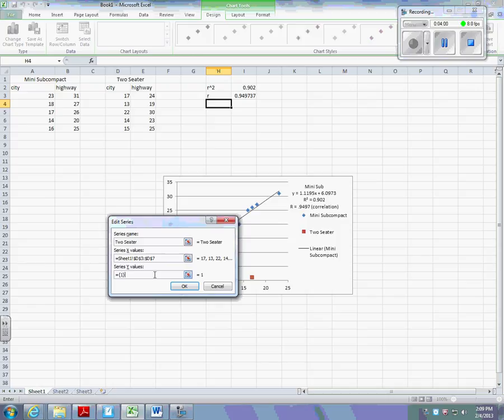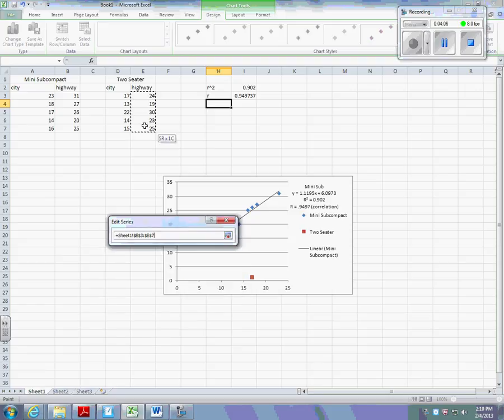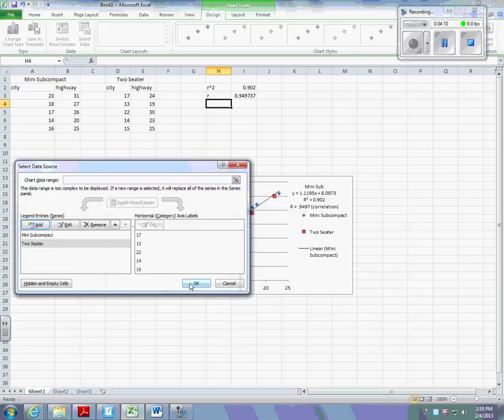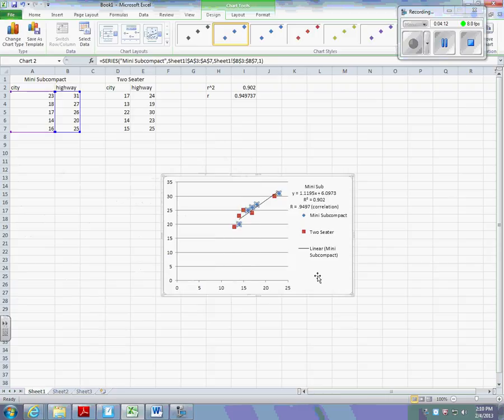Come down to Y values, for whatever reason it has an equals 1 in here, get rid of all that stuff, and then highlight all your Y values, click OK, and now when you look at your graph, you got red is 2-seater, and the blue is the mini subcompact, and you can talk about direction, form, and strength for both of those.